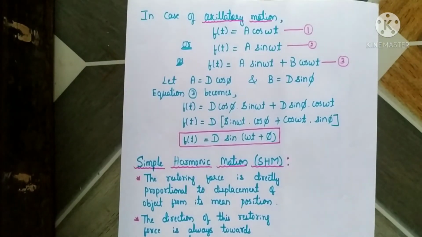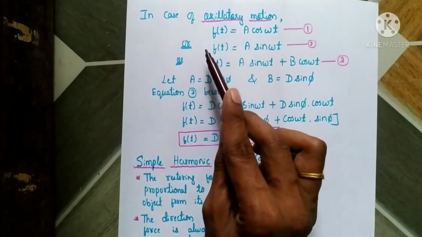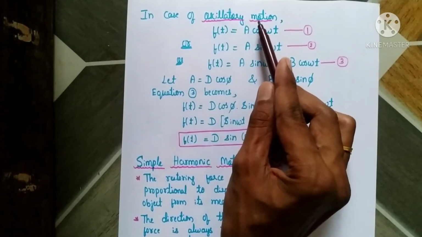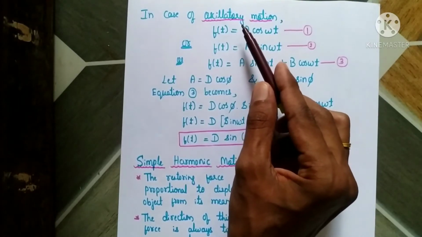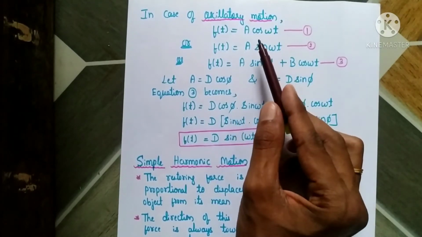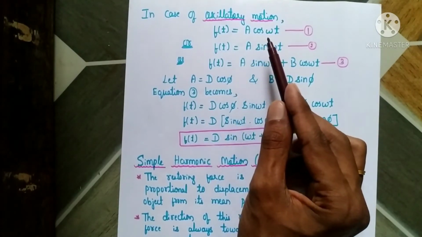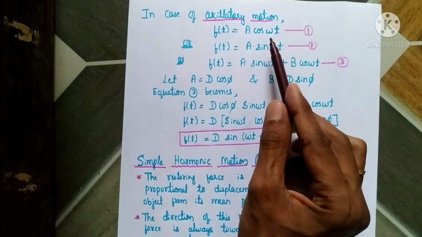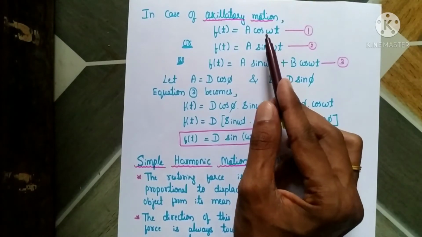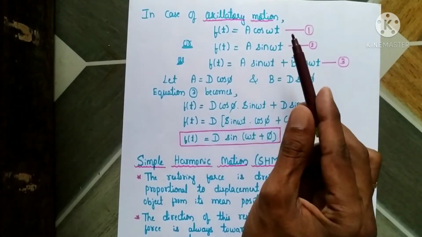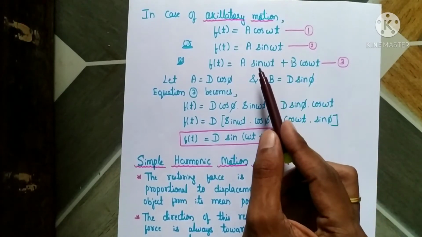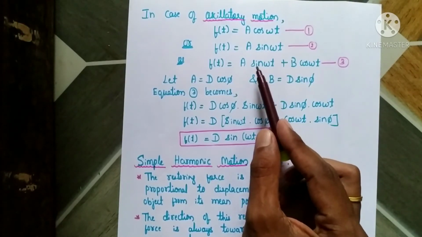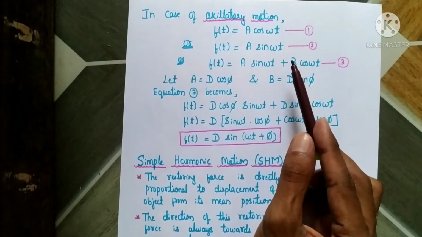Now we will see how the displacement of an object can be represented in case of oscillatory motion. In oscillatory motion, the displacement of an object can be represented in three different ways: in terms of a cos function, in terms of a sine function, or in terms of a combination of both sine and cos functions.